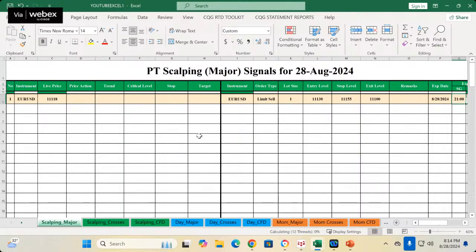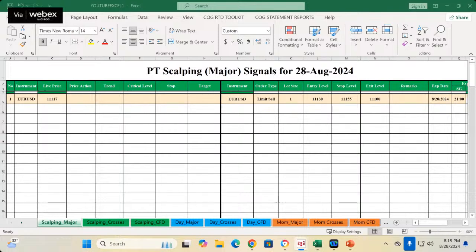The next signal we are going to trade, of course we are taking this trade. In fact, I think we are already into this trade, if I'm not mistaken, but I'm not sure. If not, then we may be taking this trade, because this is an opportunity as of now.